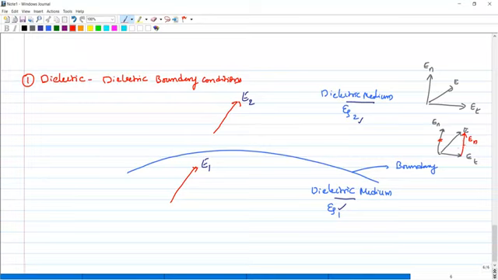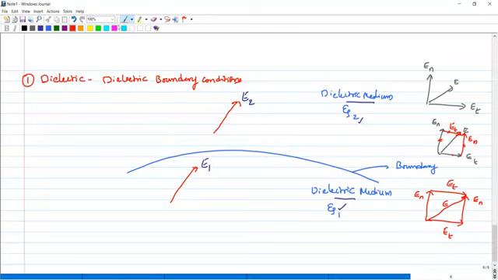Because these two lines are parallel, this is EN, and this is also ET. Suppose you draw a square box; the diagonal acts as the vector E. The normal components are En as well as En, and the tangential components, the parallel lines, can be treated as Et as well as Et.